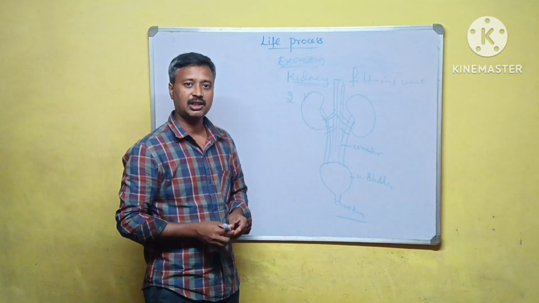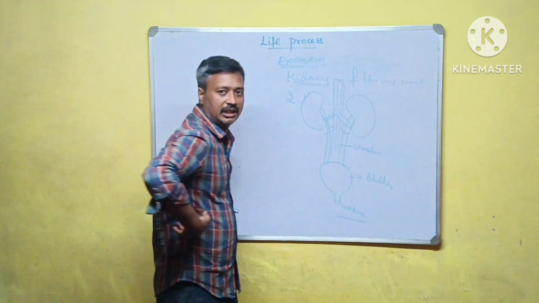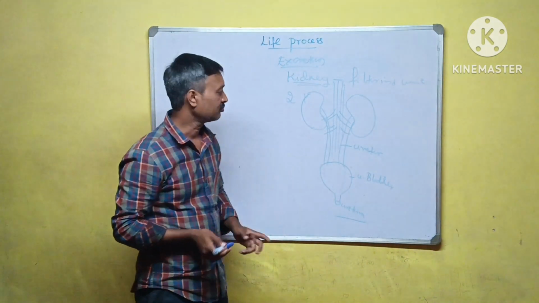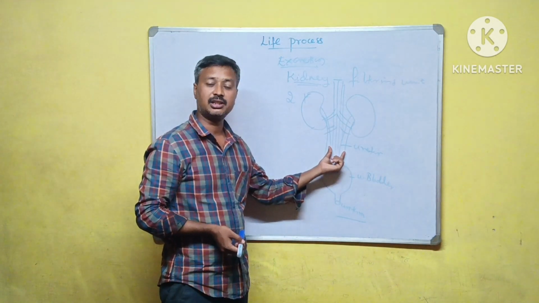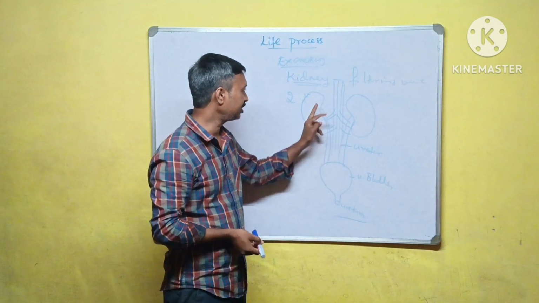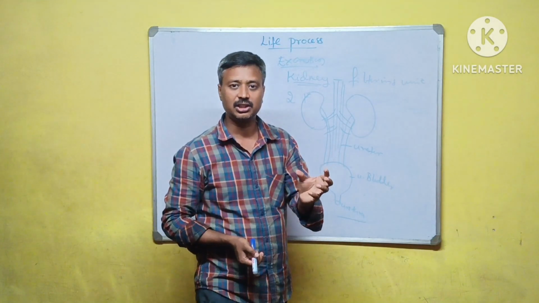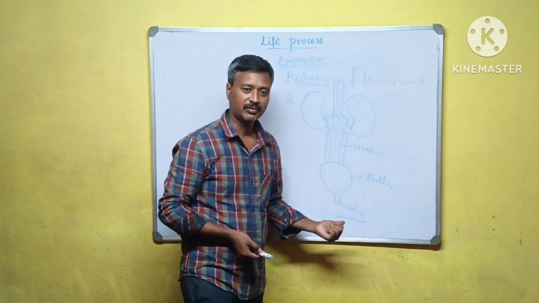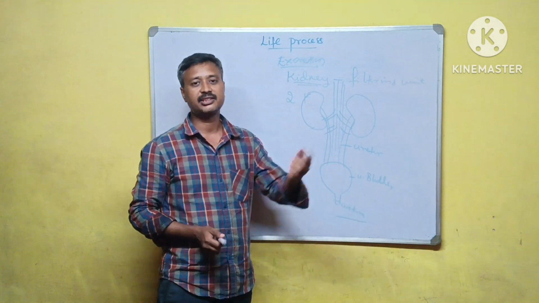The two kidneys are located just below the lungs. Kidneys are connected to the urinary bladder by means of a ureter. The ureter is a tube which connects the kidney to the bladder. The bladder is a small balloon-like structure which stores urine. And there is a small opening called the urethra. Through that urethra we excrete.